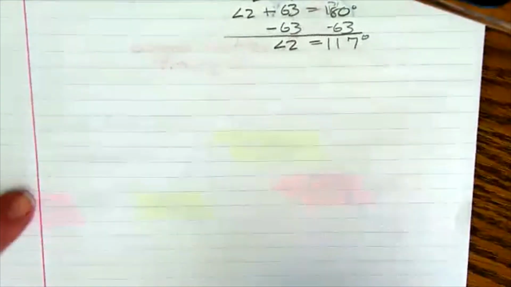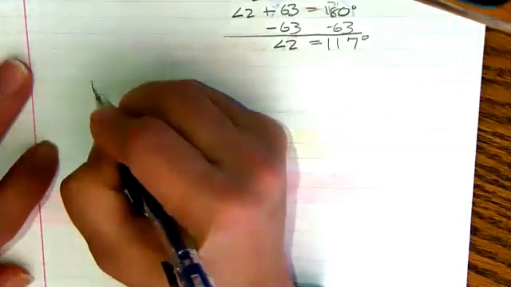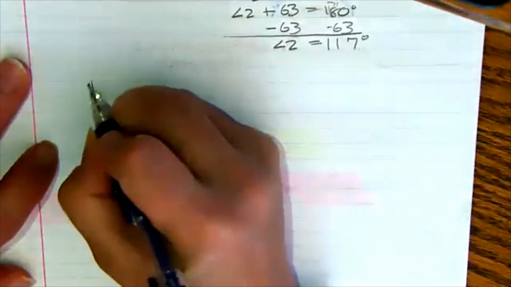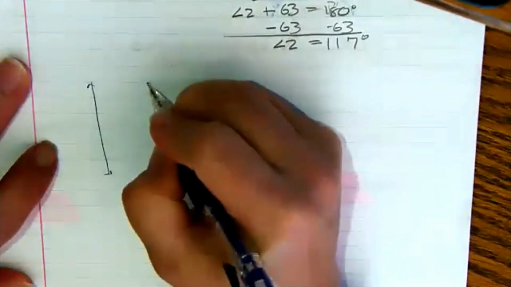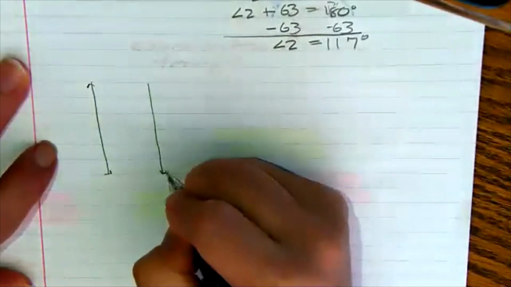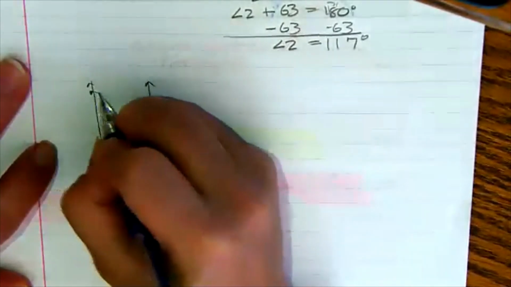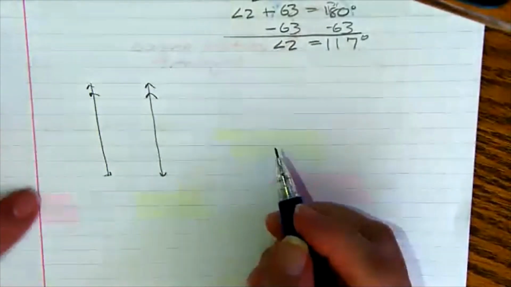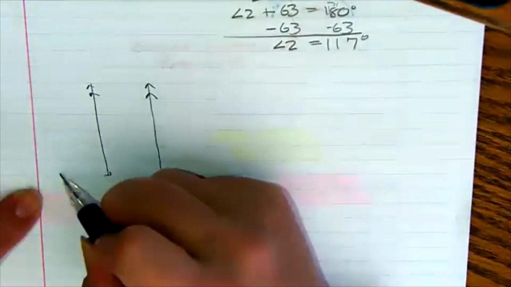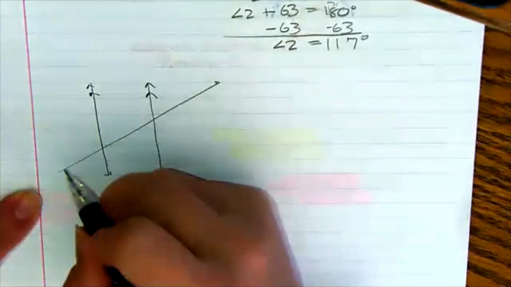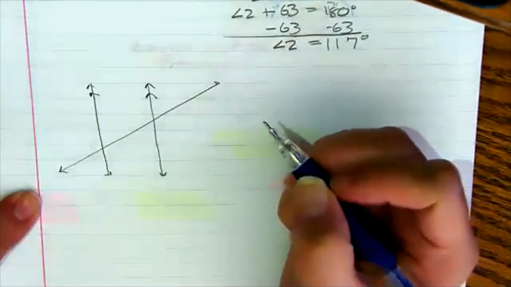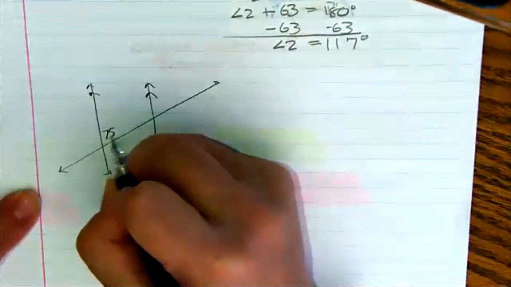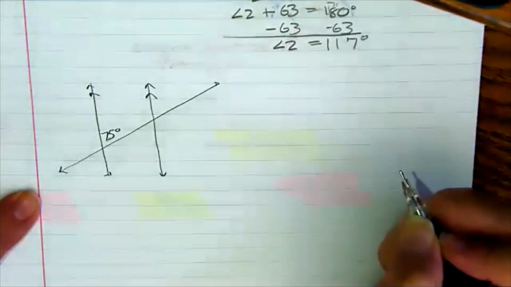The book is going to give us a set of parallel lines that look like this with a transversal that looks like this. They're going to tell us that this is 75 degrees.